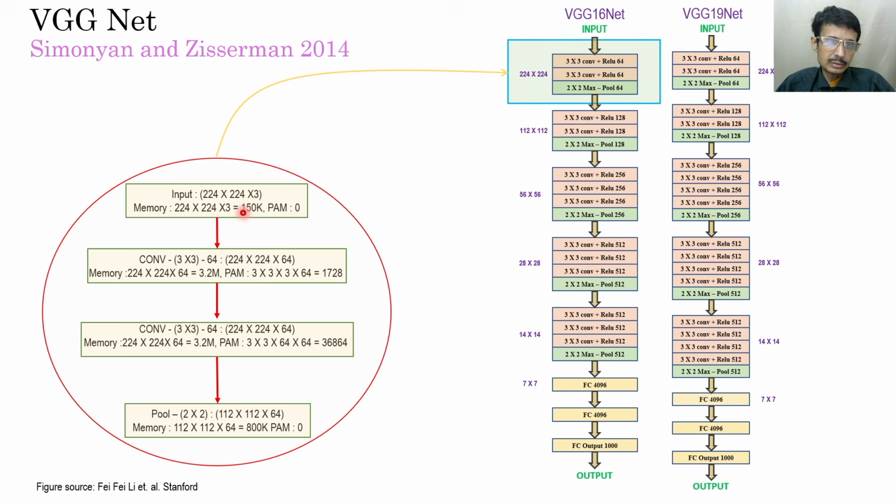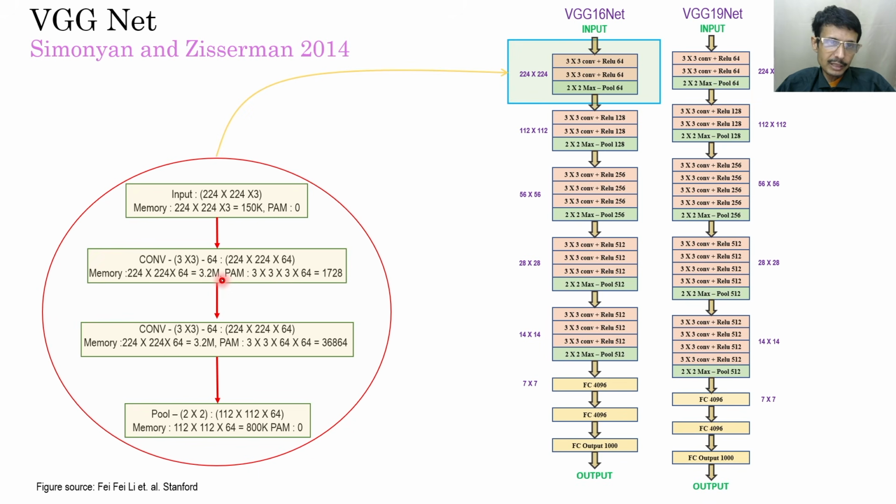The first convolution is 3x3 with 64 such filters, and 224x224x64 is the output volume.